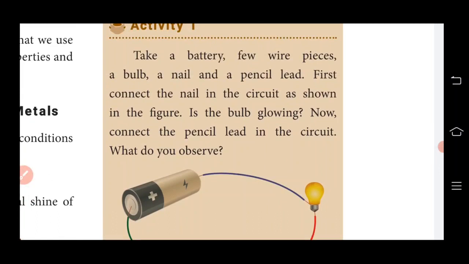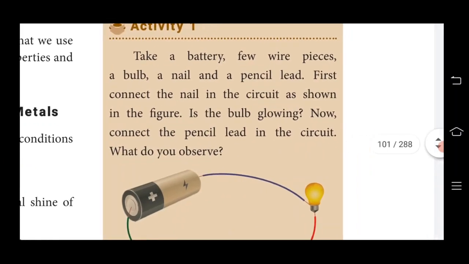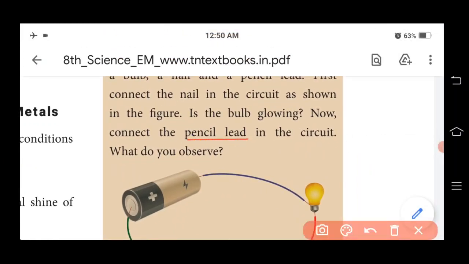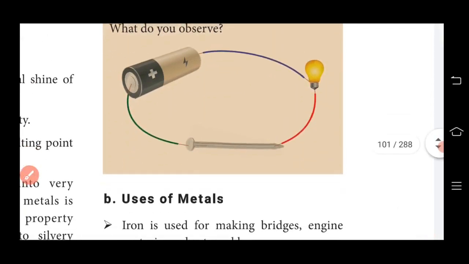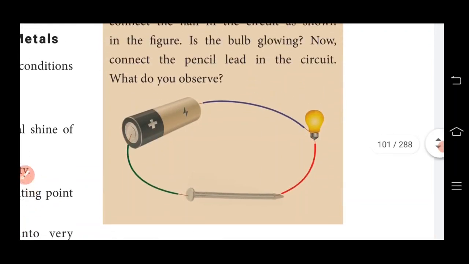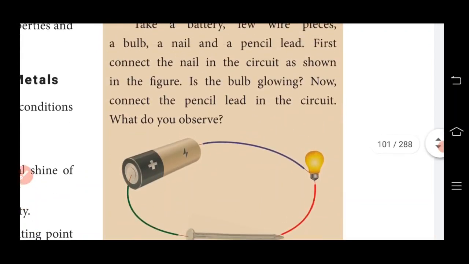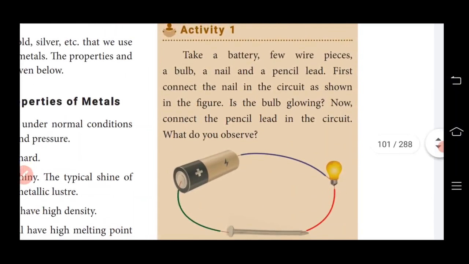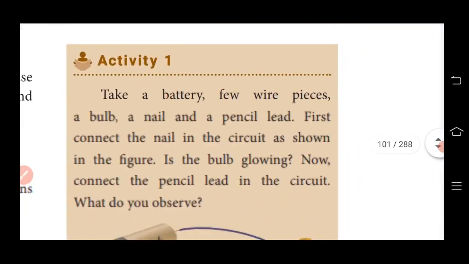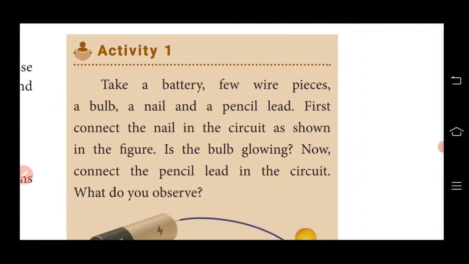Now connect the pencil lead in the circuit. What do you observe is the question. Children, the bulb will glow because lead is a conductor. You have to do this activity on your own, observe it, and give me the report.